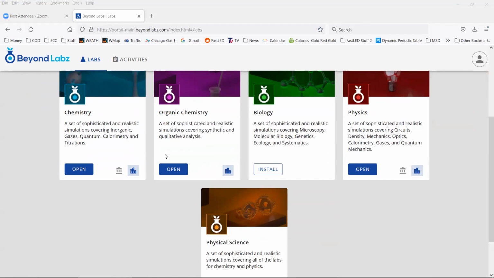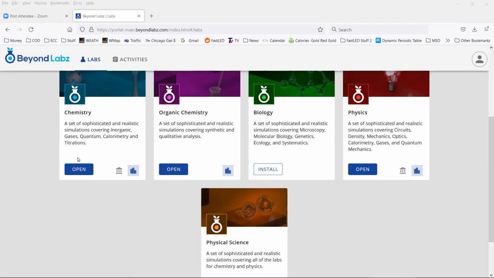All right, everybody should see Beyond Labz on your screen. Thumbs up, people, help me out. All right, click on Chemistry Open. And this is in the procedure. Now, don't click on titrations.